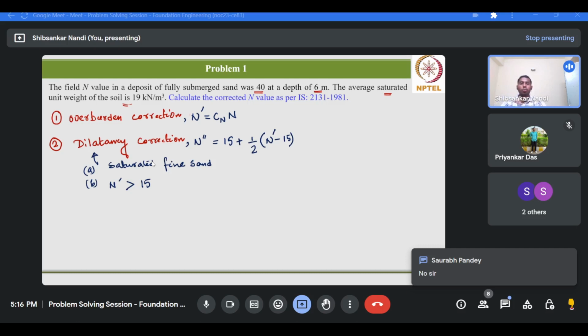Okay, though it's not needed for solving this problem, still I am explaining a little about the necessity of these corrections. Now, you should know that this SPT test is basically conducted for cohesionless soil. Though you can conduct this SPT test for cohesive soil, it's more pertinent in the case of cohesionless soil.